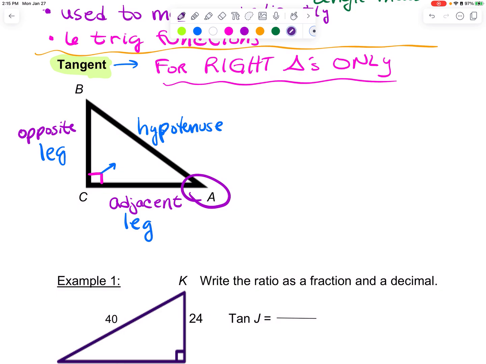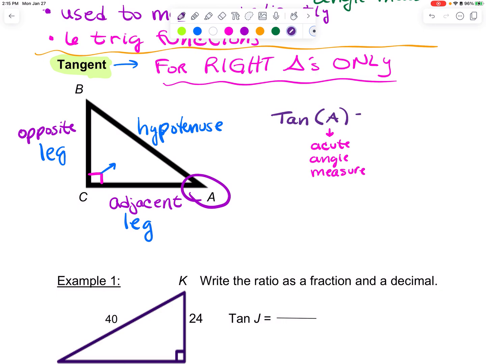The tangent function, remember we talked about this briefly. We said the tan of A. Now A represents an acute angle measure. And remember, this is in degrees.